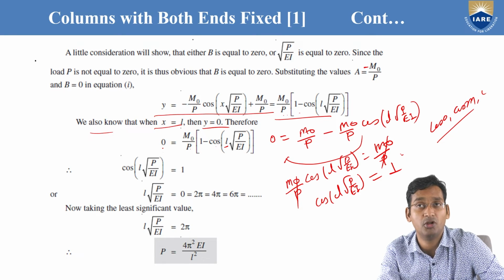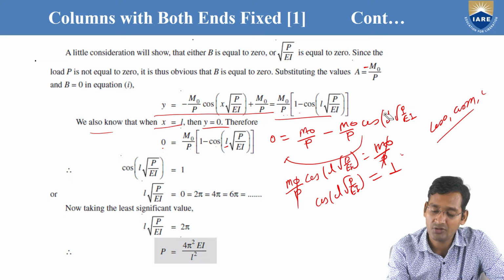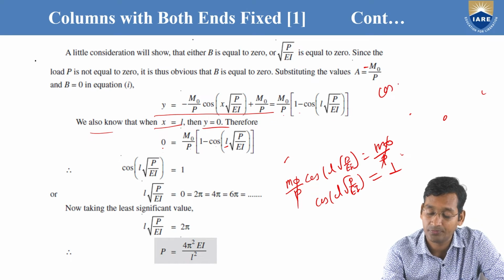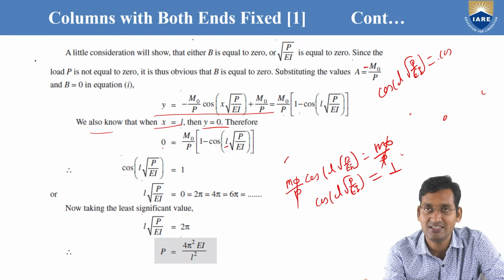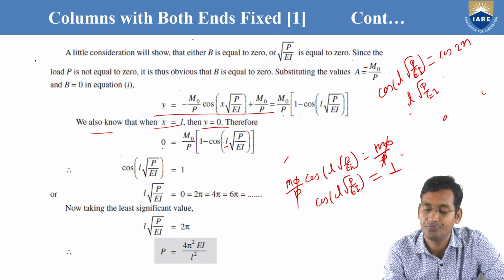That is, an even multiple of pi gives 1. So what can we write for this one? Since we have to take the least significant value, cos L root p by EI equals cos 2 pi. Now we can remove cos from both sides. So L root p by EI equals 2 pi.